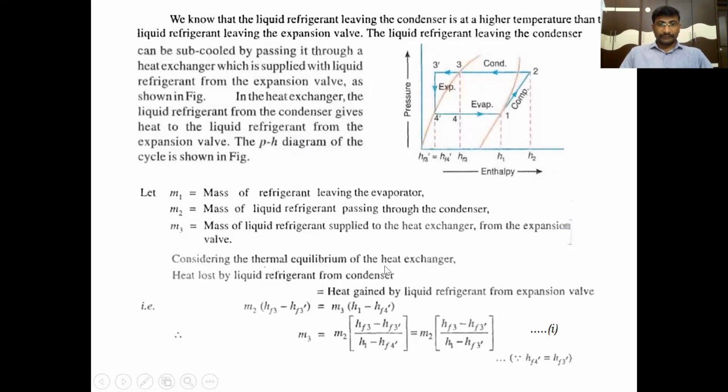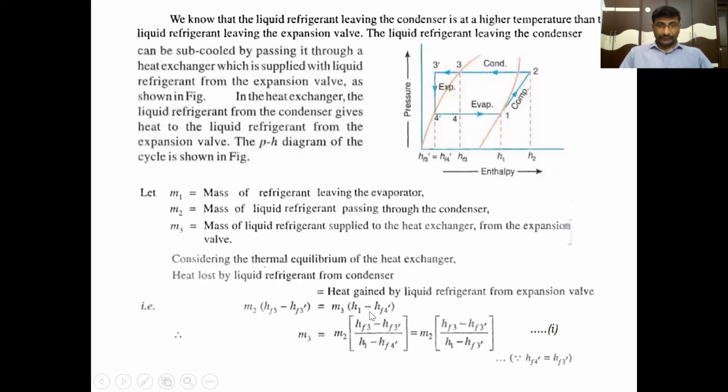Considering the thermal equilibrium of the heat exchanger, here we are considering the heat balance equation. Heat lost by the liquid refrigerant from the condenser is equal to heat gained by the liquid refrigerant from the expansion valve. That is M2 into HF3 minus HF3 dash. This is the amount of heat lost by the liquid refrigerant during the process 3 to 3 dash.